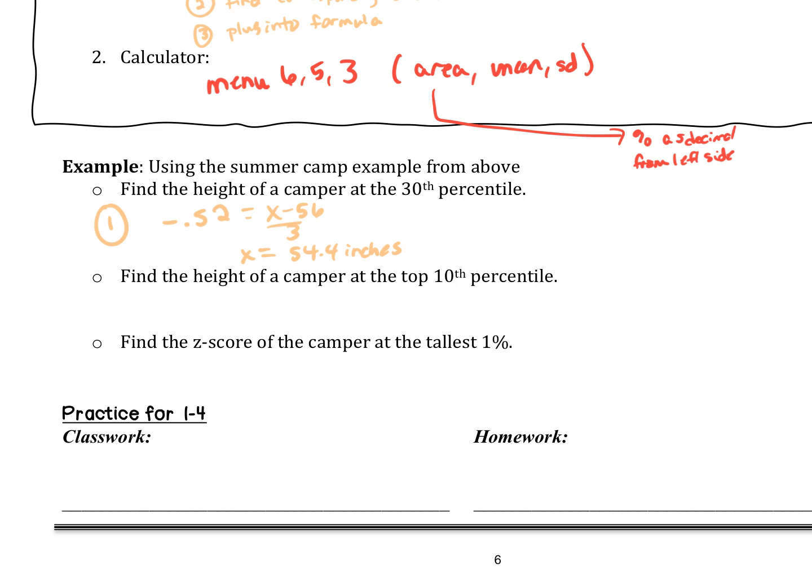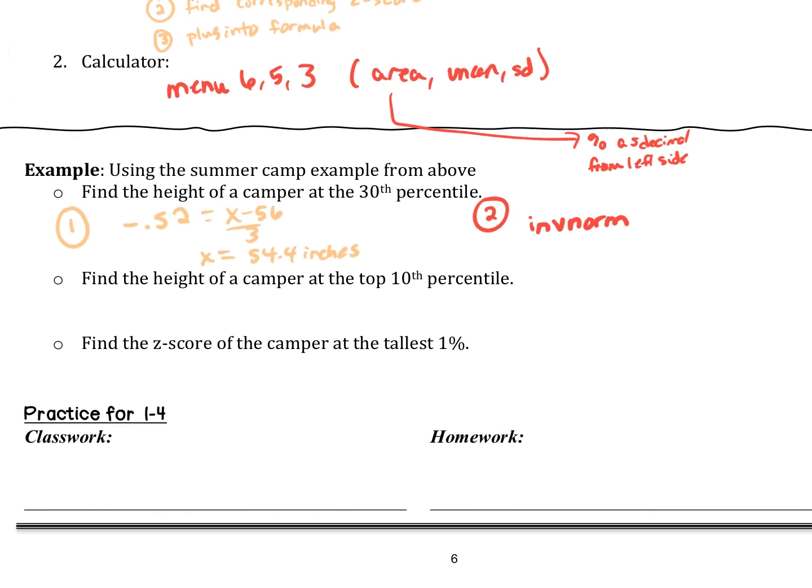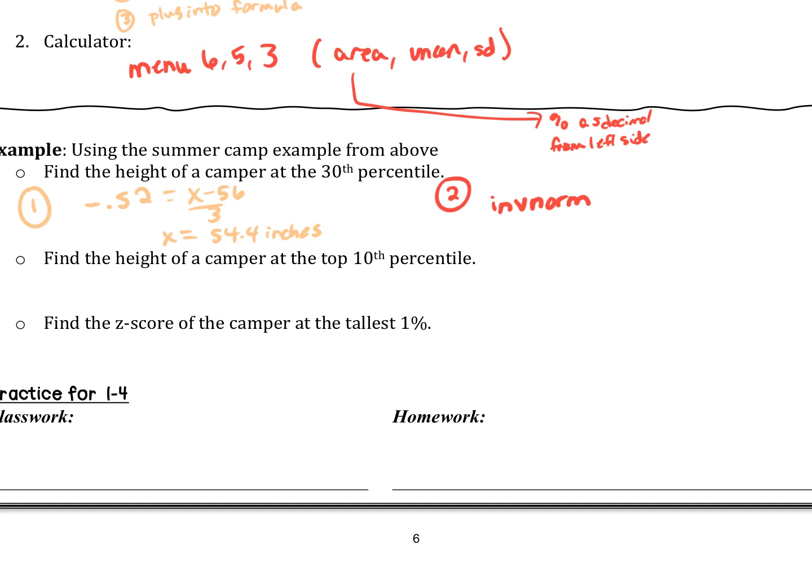Now, if we are using the calculator for this one, we're going to do inverse norm, and because it's the 30th percentile, it's going to be 0.3, and then our mean, and then our standard deviation. So 0.3 to say 30th percentile.